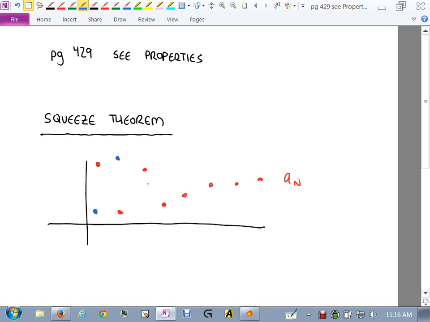Here, here, here. That's C sub n. I should probably continue these out so you can see the pattern a little more. Let's say A sub n does that, and C sub n is getting closer. Do y'all see that?